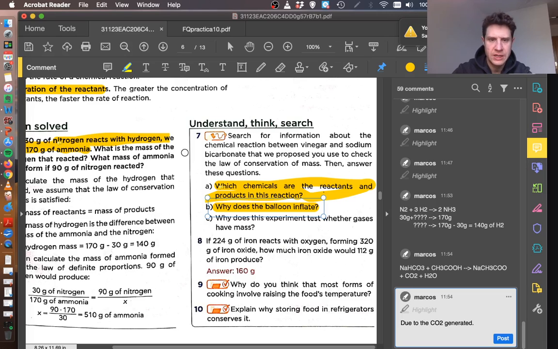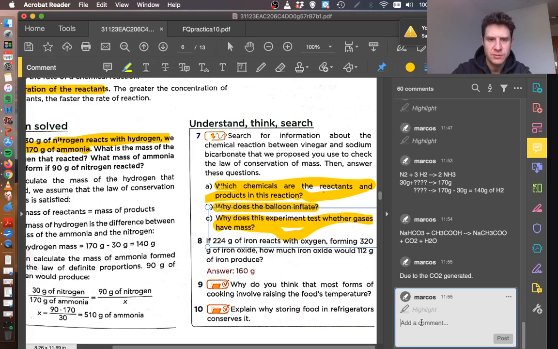Good. Next, why does the experiment test whether gases have a mass?